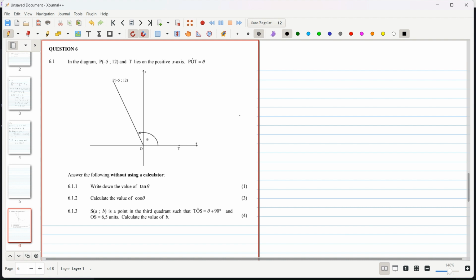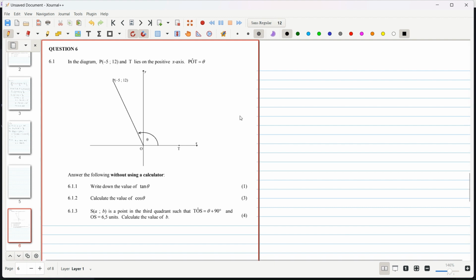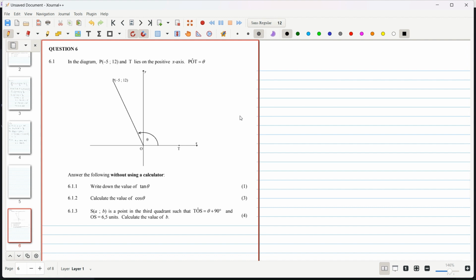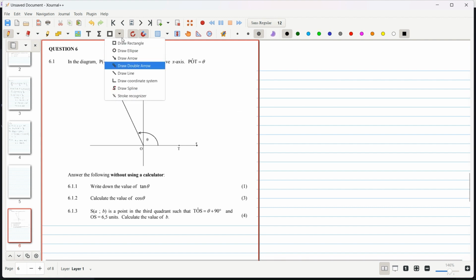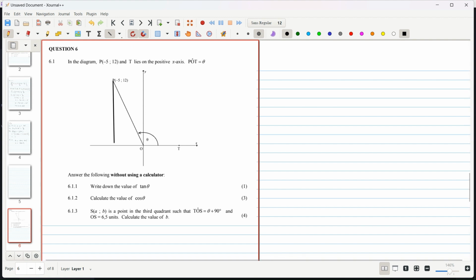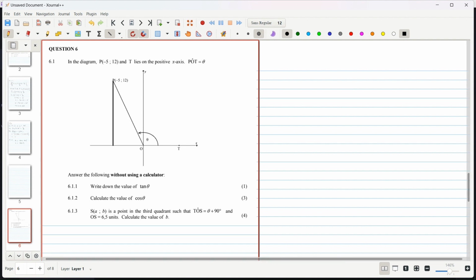So the first thing that we need to do, if you are given a line like this with a coordinate here, is to make sure that you extend a line to the x-axis. From this point here, you always extend a line to the x-axis, not to the y-axis, and then you label your coordinates.